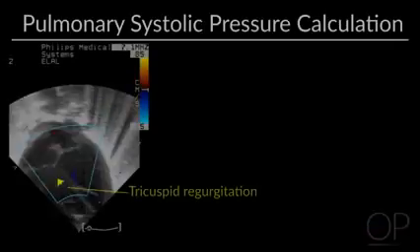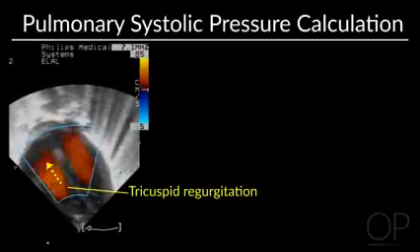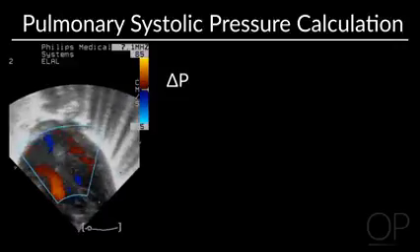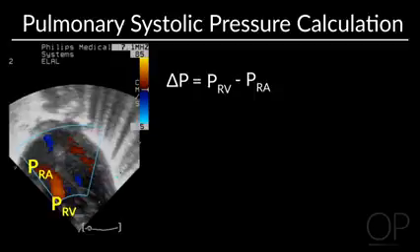With the use of cardiac echo, we can also calculate the pulmonary systolic pressure. We can calculate the difference between the right ventricular pressure and the right atrial pressure with the application of the modified Bernoulli equation.